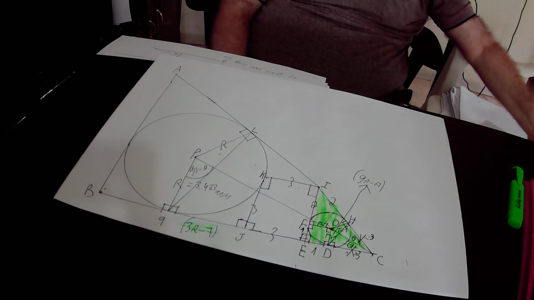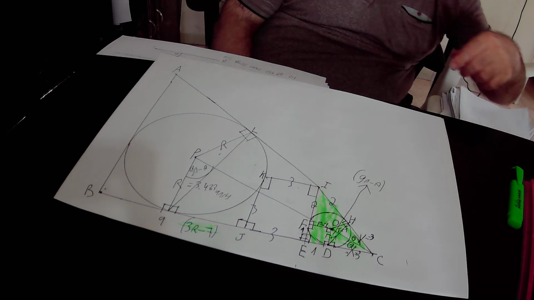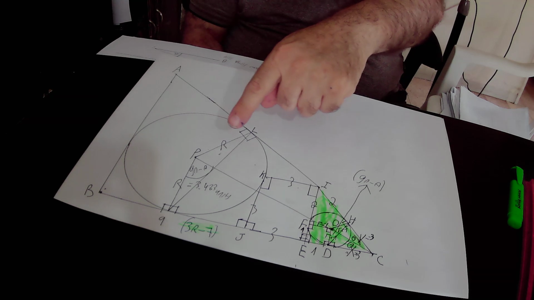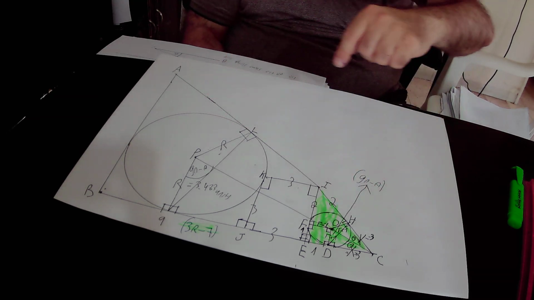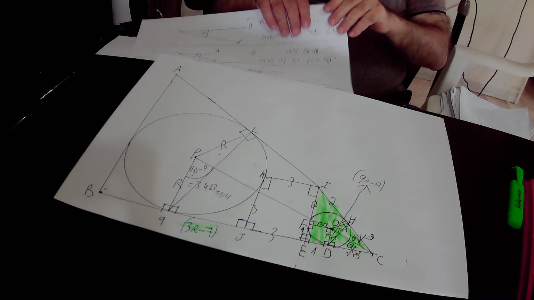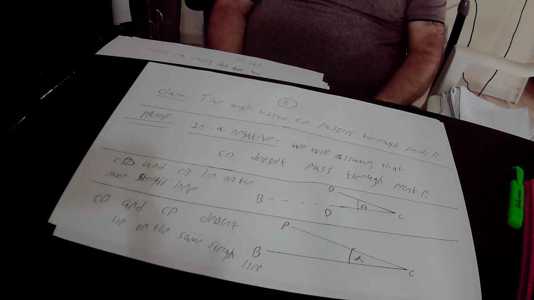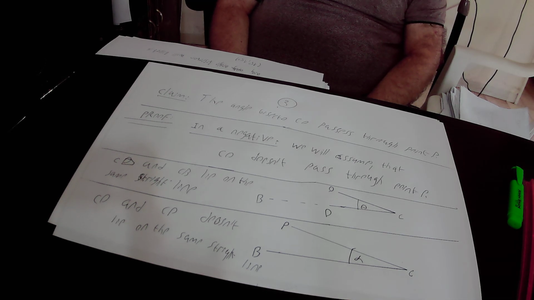Then we had the claim that the angle bisector CO passes through point P. We proved this claim in a negative way.